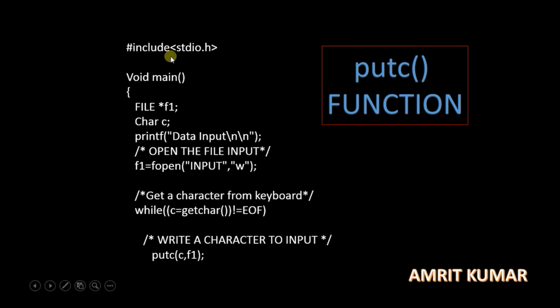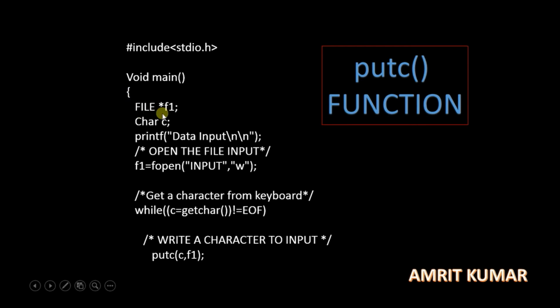Here I have included stdio.h, which stands for standard input output header file. After the header file, I am opening the main function, whose return type is void, so it is not going to return anything.